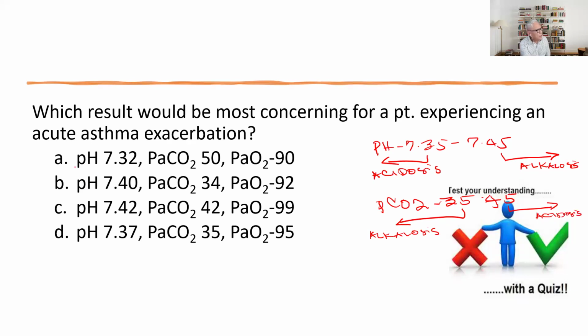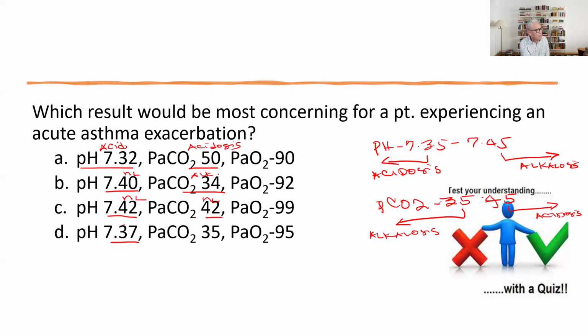All right. So letter A, the pH of 7.32 is less than 7.35. So this is acidosis. A CO2 of 50 is going to be acidosis. A pH of 7.40 is normal. A CO2 of 34 is alkalosis. A pH of 7.42 is normal. A CO2 of 42 is normal.